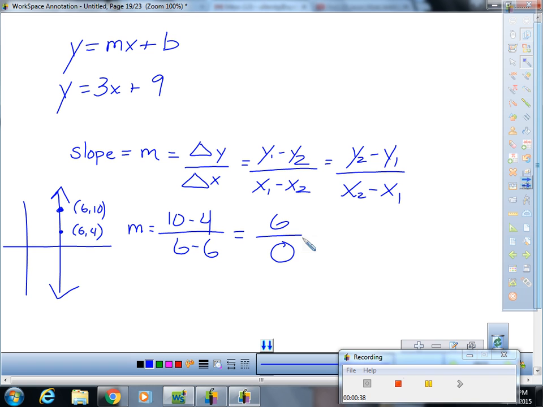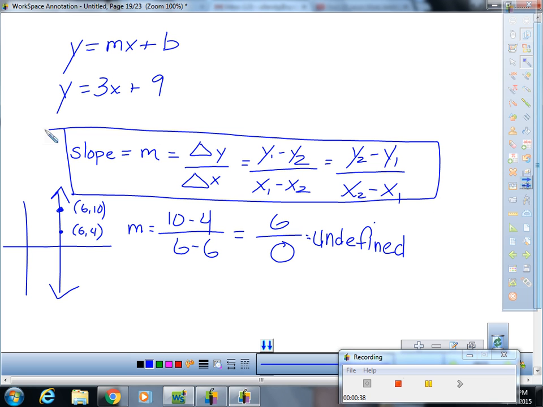Not allowed to divide by 0 in life. The answer is infinitely big, so we just call it undefined. So now I have mathematically showed why a vertical line has an undefined slope. So hopefully that helps. So remember, this is your slope formula. All right, all that review.